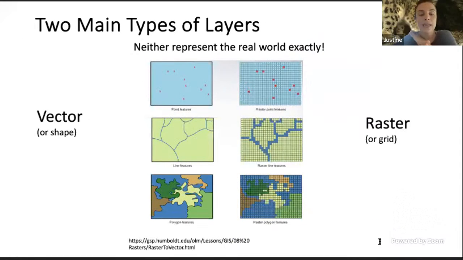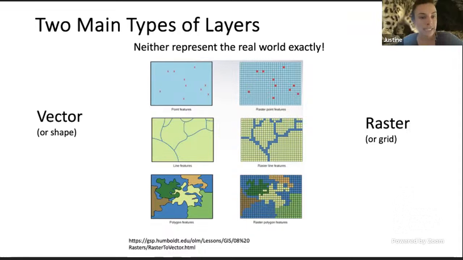There are two types of layers, generally speaking, that we work with when we're creating maps. There are more layers now, and as GIS develops, it gets even more powerful. But when you think about it in the beginning, I think it's helpful to think of it in these two branches. There are vectors, which are mostly shapes, and then there are rasters, which are mostly seeing those shapes in grid forms.